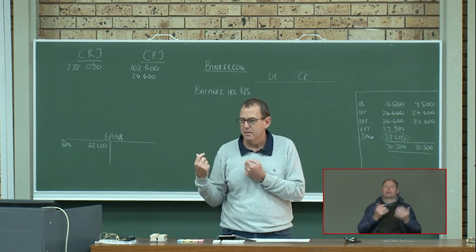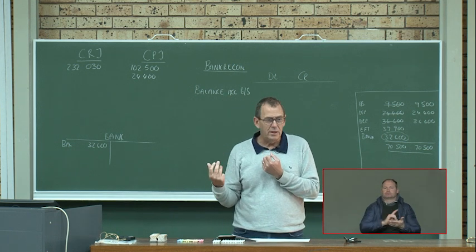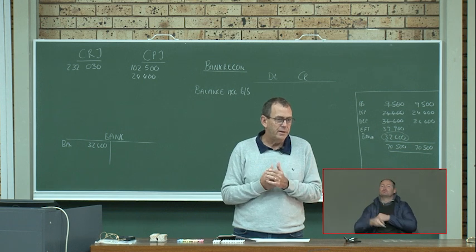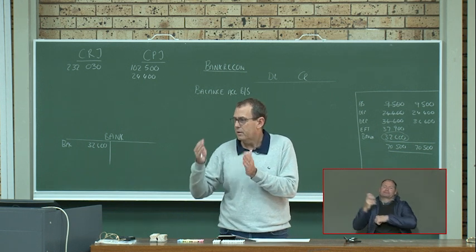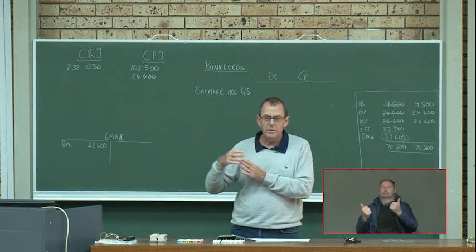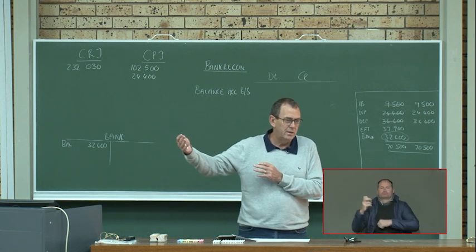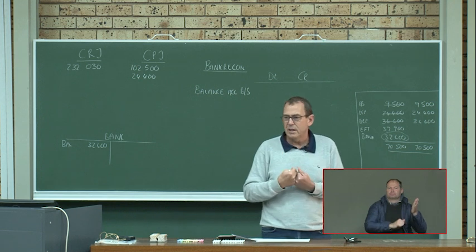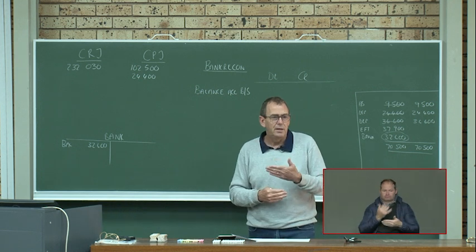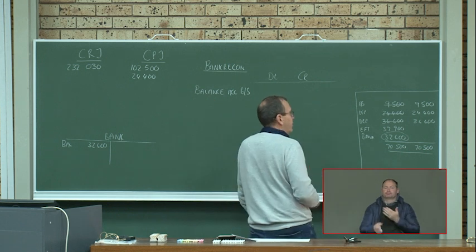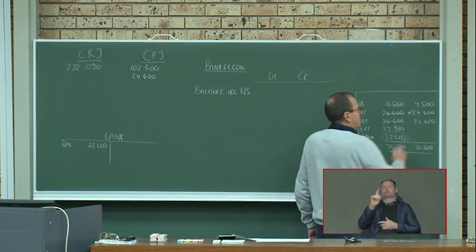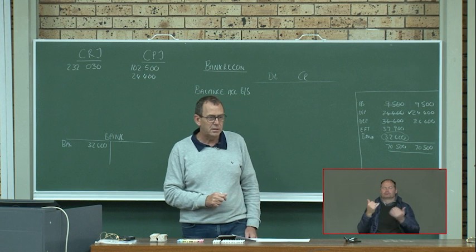And what happened here? It was stolen. So I will rather write loss due to theft. I will open an account, loss due to theft. I won't just subtract it from my sales, because then if I do my statements, I will never see that there was money stolen. All right. If that happened, we recorded the 24,400, so we can tick it off. We recorded that, so that's finished now.